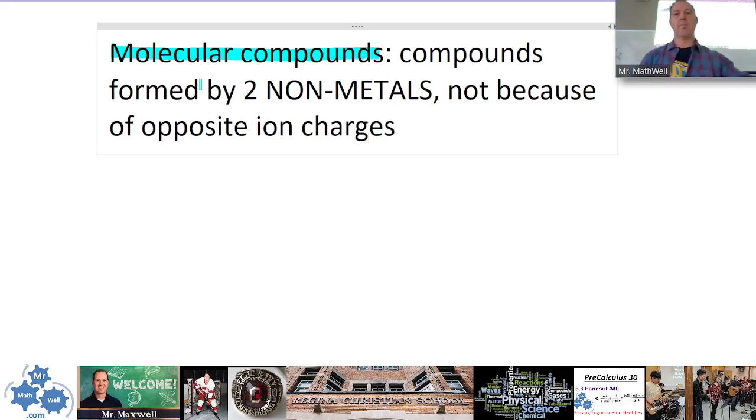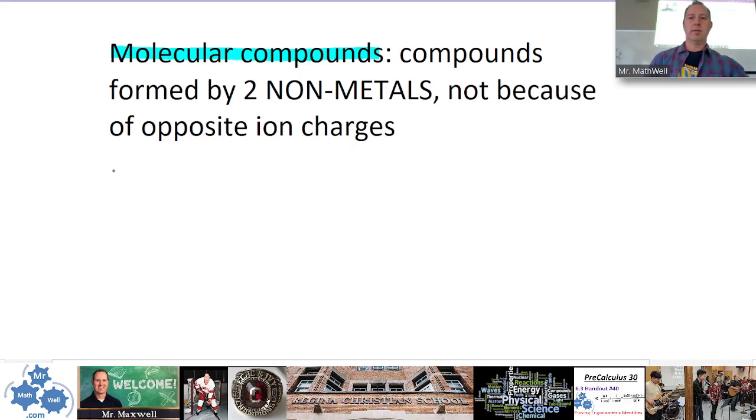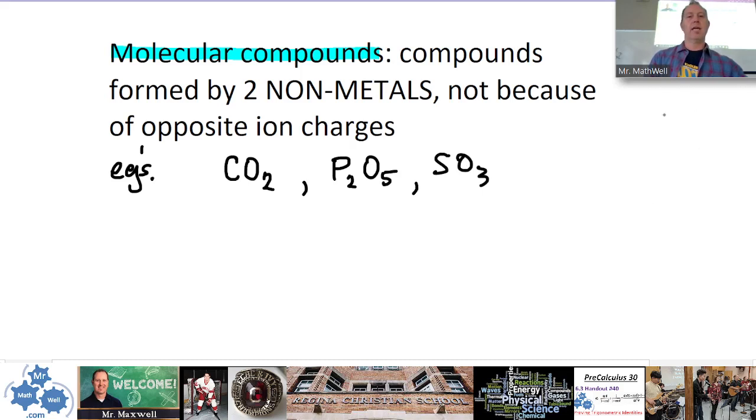And examples, as I mentioned here, would be something like carbon dioxide, diphosphorus pentaoxide, things like this, sulfur trioxide, let's say. So those are things where the elements are both coming from the right side of the table there.